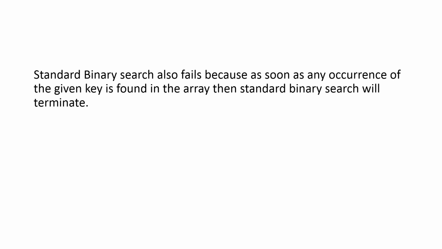So it cannot be used to print how many times the given key is present in the given sorted array. A standard binary search only finds any one occurrence of the given key in the array. So it cannot tell how many times the given key comes in the array, and it will also fail.